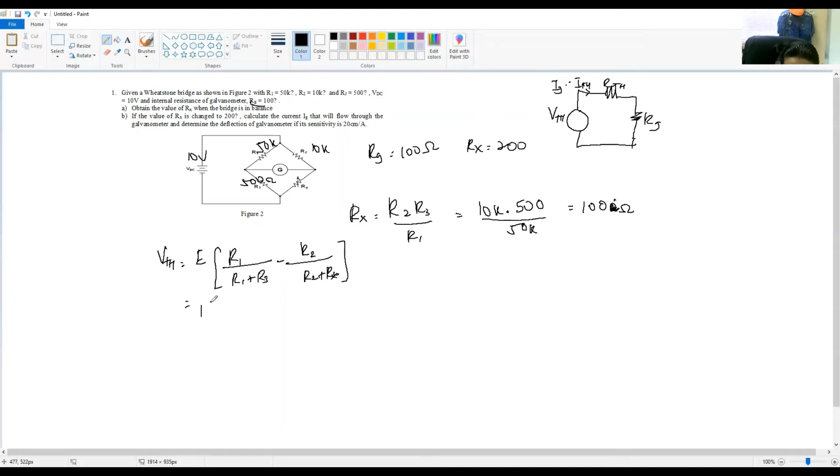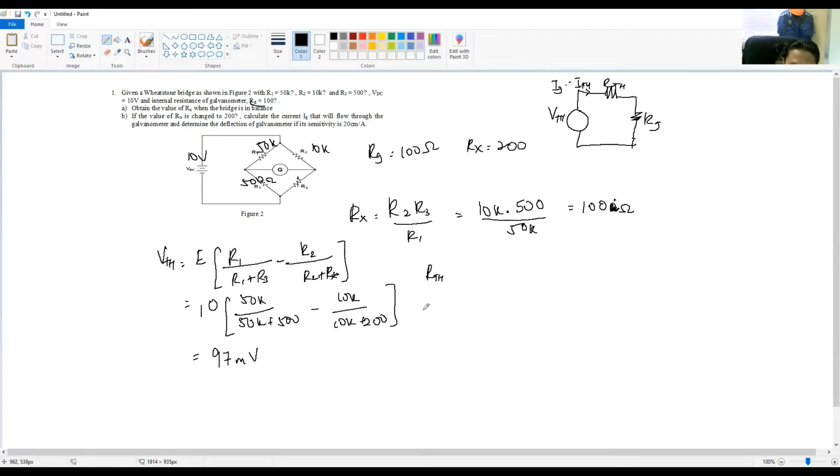Then substitute the values: 50k divided by 50k plus R3 of 500, minus R2 of 10k divided by 10k plus Rx of 200. Using your calculator, we get 97 millivolts for VTH.